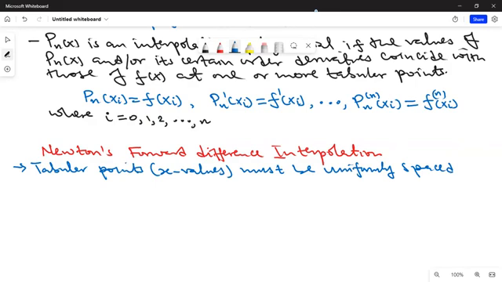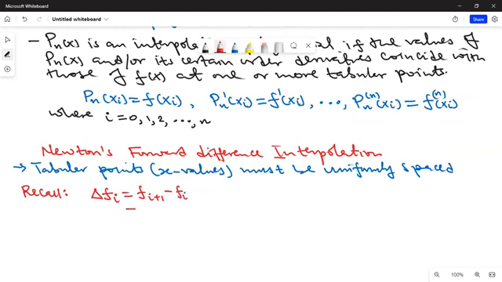So what is the polynomial? For this case, we can derive it. I want us to take note. I want us to recall the forward difference operator operating on Fi. So recall that delta operating on Fi, we define this as Fi plus 1 minus Fi.